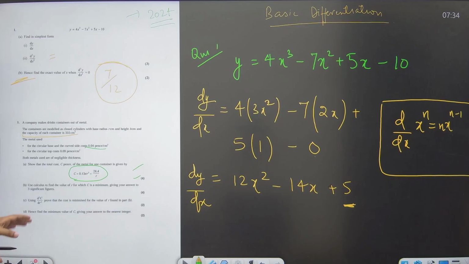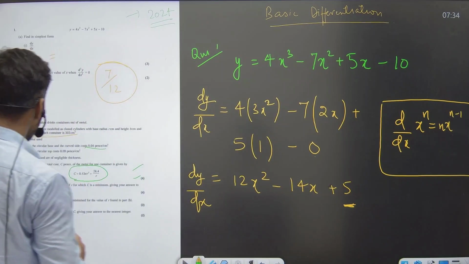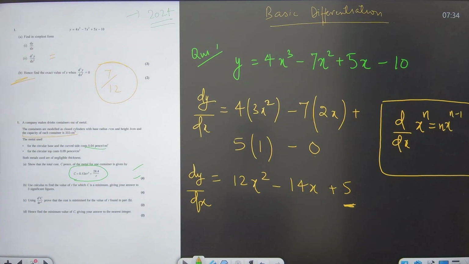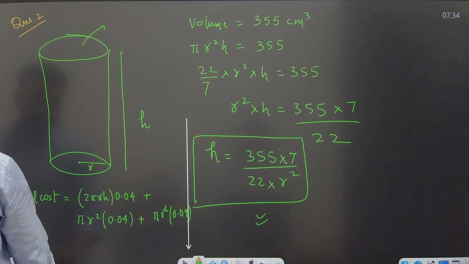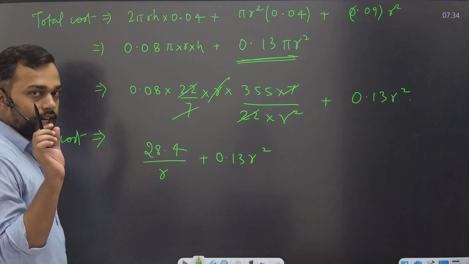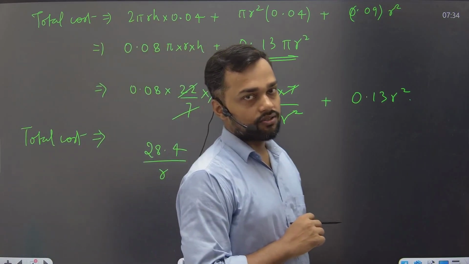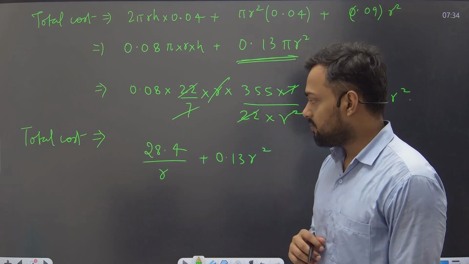Now in the second part, part B, use calculus to find the value of r for which c is a minimum, giving your answer to 3 significant figures. Here the concept is of minimum and maximum. Whenever the point of local minima or local maxima is mentioned in the question, we apply differentiation.